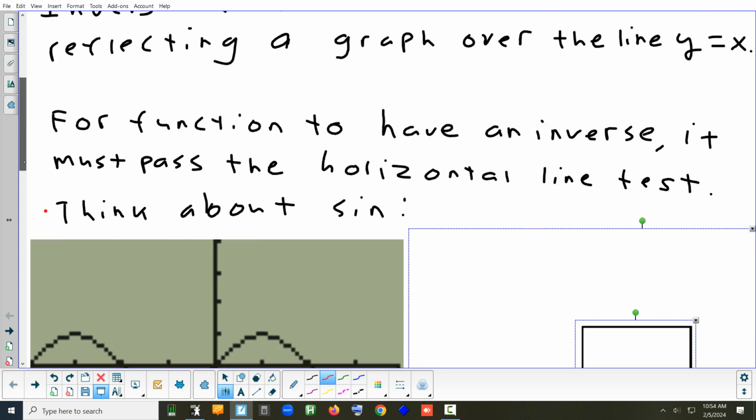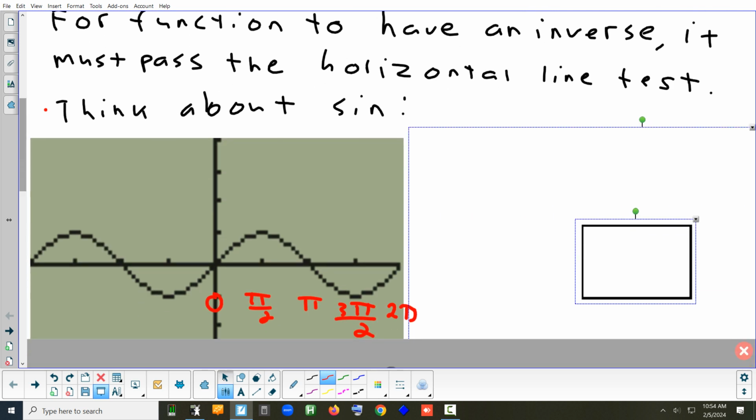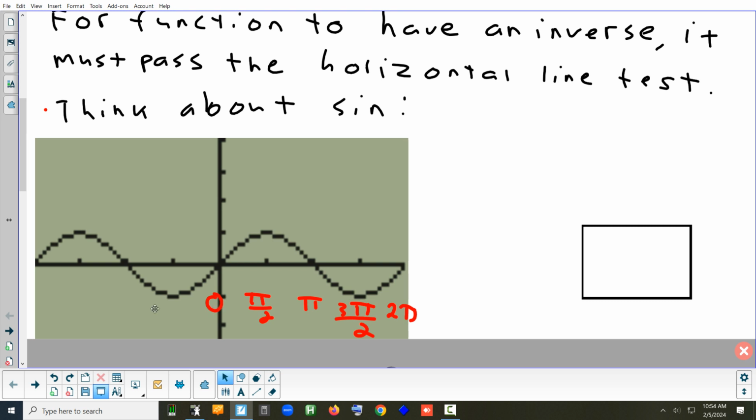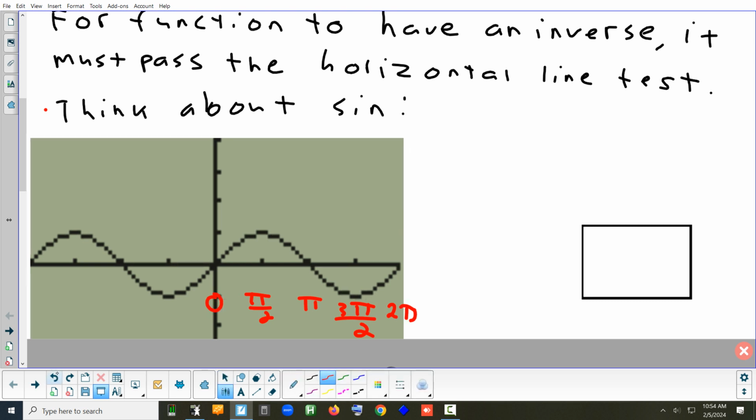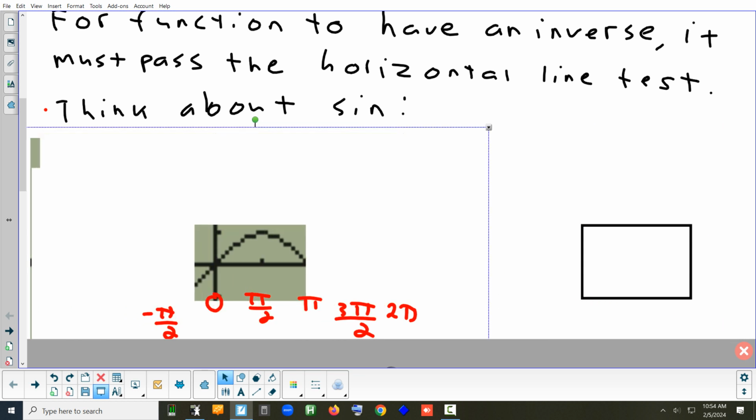You would put the start of the window on pi over 2, and the other part of it on 3 pi over 2. All right, so let's try that and see. Should be able to drag this. That's okay, I'll just do it like that.